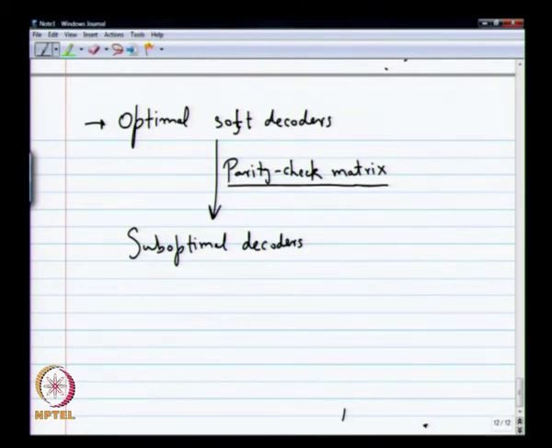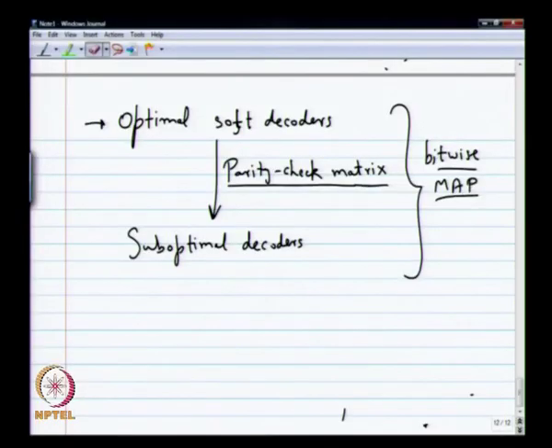All this, it turns out, is nice and easy for the bitwise MAP decoder, and I should confess that I really do not know if such a method exists for the ML decoder. Maybe there is, but I have not educated myself on it.